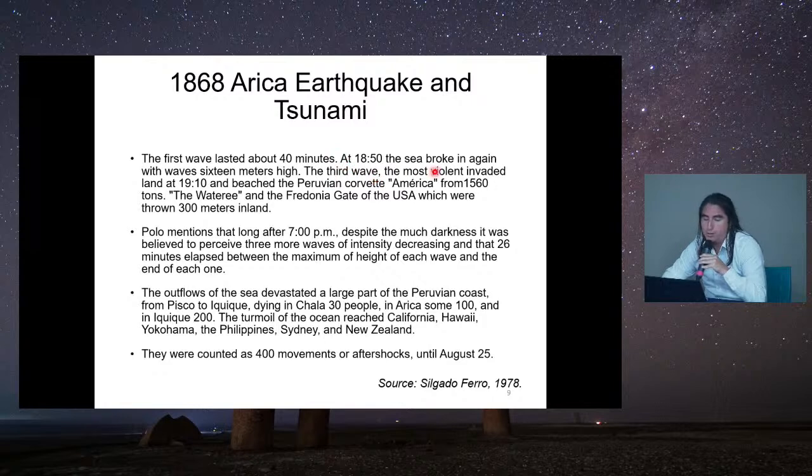The third wave, the most violent, invaded land at 17:10, which is when the Peruvian corvette America, a ship of about 1,560 tons, and the Wateree and the Fredonia, another ship from the USA, were thrown 30 meters inland. So as you can see, the destructive power of this wave was huge.